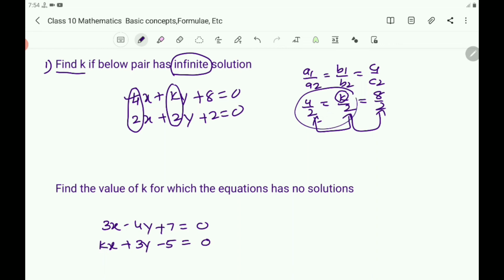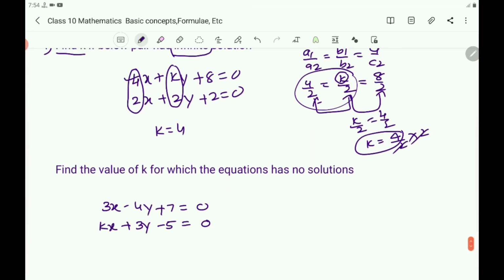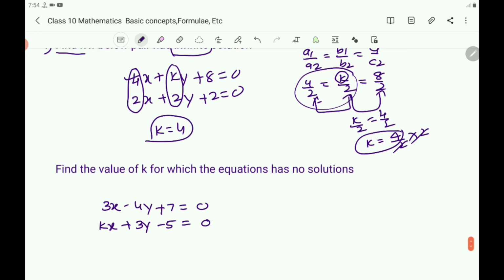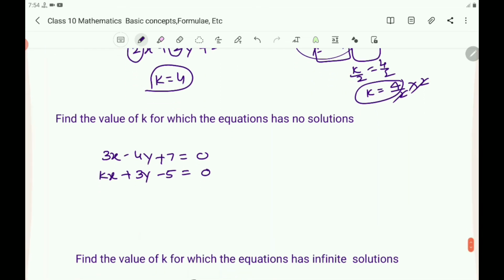Now let us take these two, that is 4 by 2 equals k by 2. To take k by 2 equals 4 by 2, then k equals 4 by 2 into 2, 2 cancels. What is the value of k? k equals 4. So in the options, k equals 4 may be there, then you choose the correct answer.